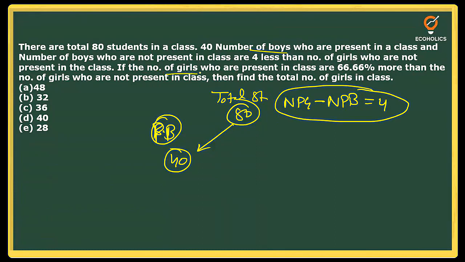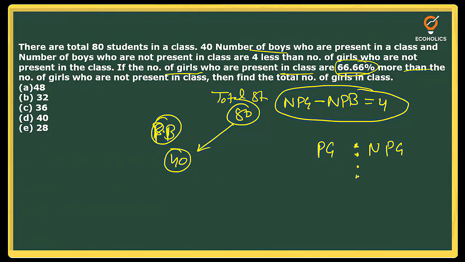If the number of girls who are present in the class are 66% more than the number of girls who are not present in the class. So present girls ratio non-present girls, what will it be? 66% more than the not present.